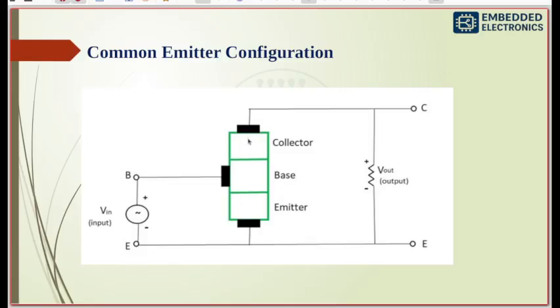How to remember this? I will tell you a simple way. VCE means voltage between emitter and collector, so it is VCB plus VBE. But to find VCB, we first find VCE minus VBE, then you will get the VCB. I hope you get it.